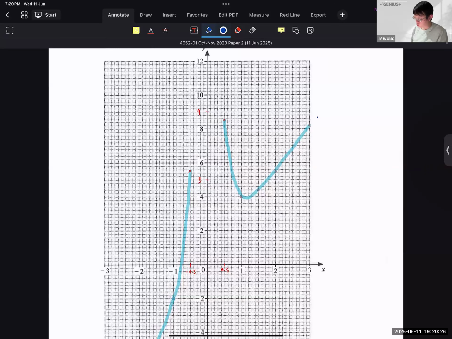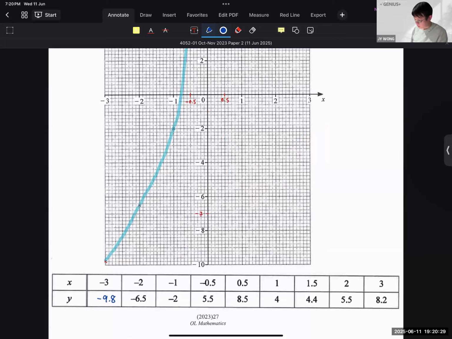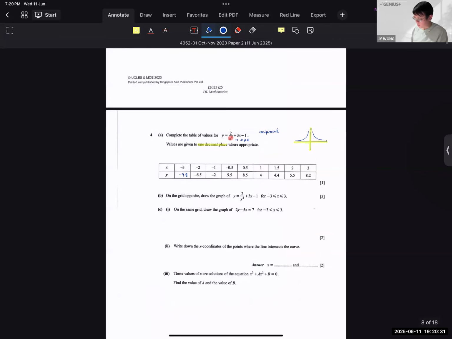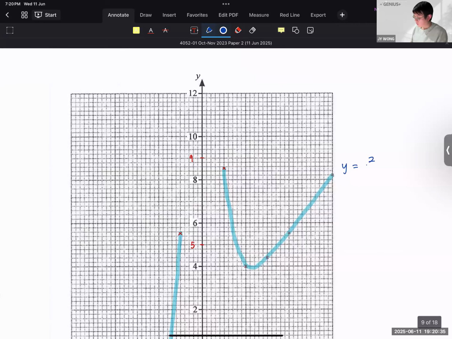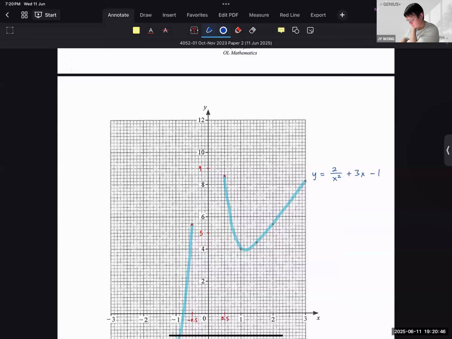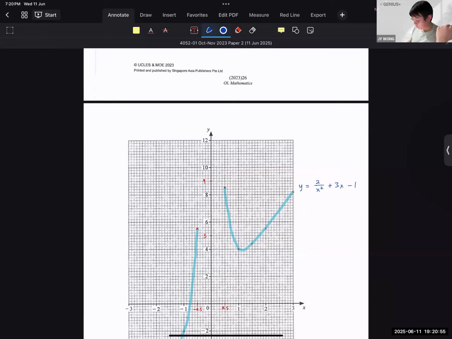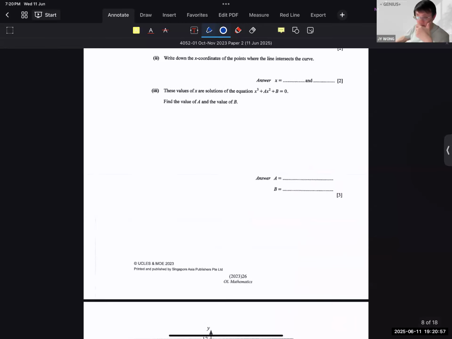So this is y equals 2 over x squared plus 3x minus 1. Okay?